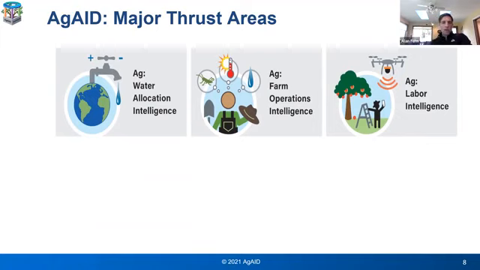One is water allocation intelligence, and I'll be going into each of these in just a little bit of detail, and then I'll have a deep dive for one problem in operations and one problem in intelligence. So we have water allocation intelligence, farm operations intelligence. This is, what are the decisions that need to be made to operate the farm, and then labor intelligence. What are the things, often physical, that need to be done on the farm? How can AI help there?